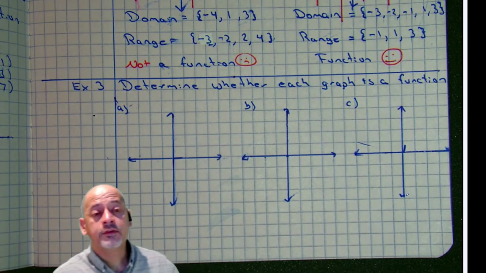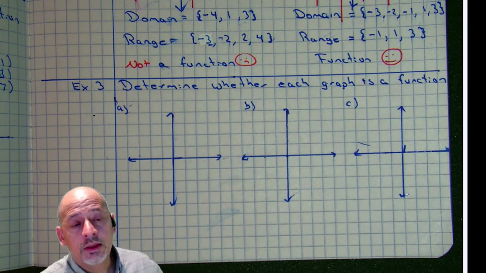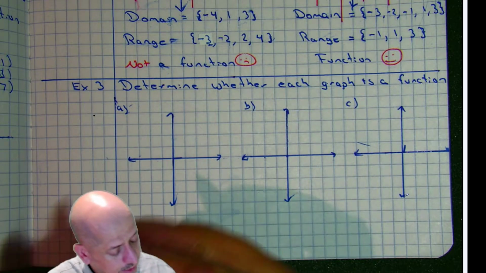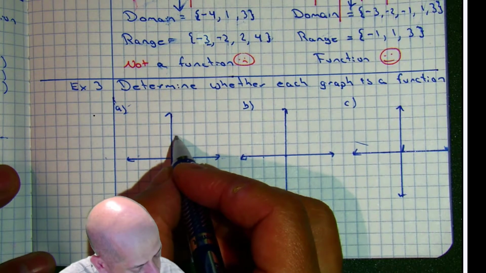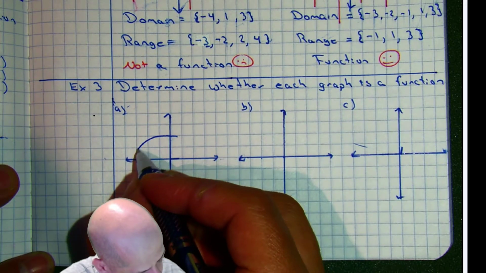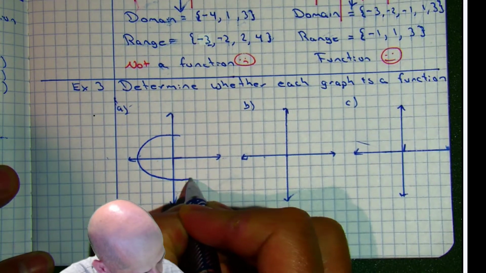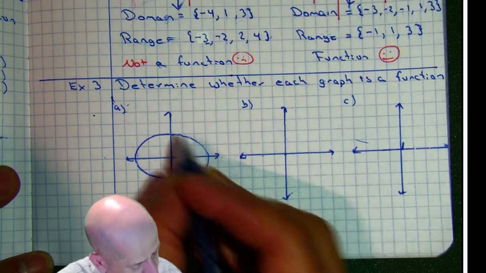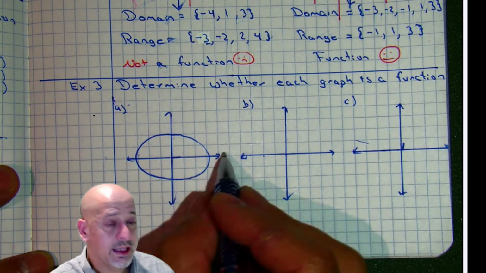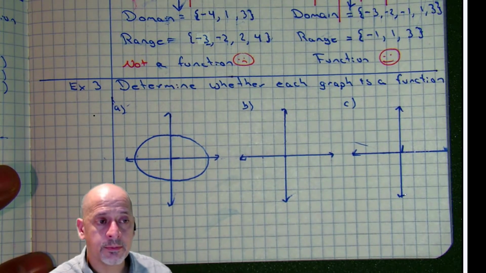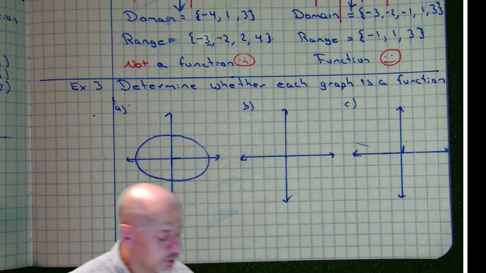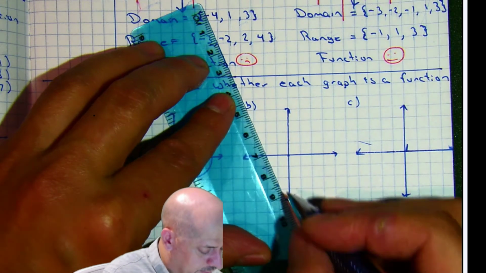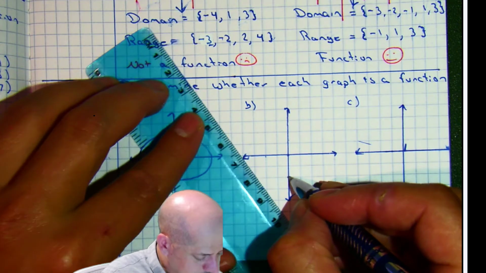So now the graphs that we're going to do, the first one is going to be a nice oval. It's not a circle because the length is longer than the height. The next one that we're going to do is going to be a V. I'm going to start from here.